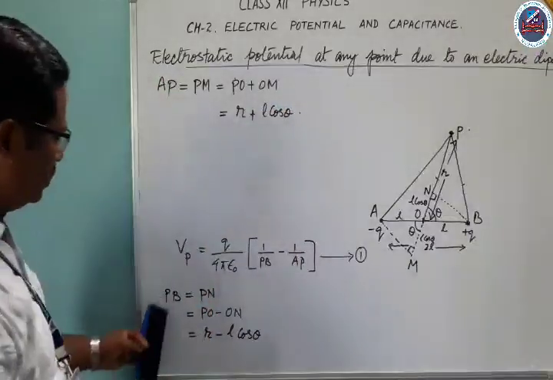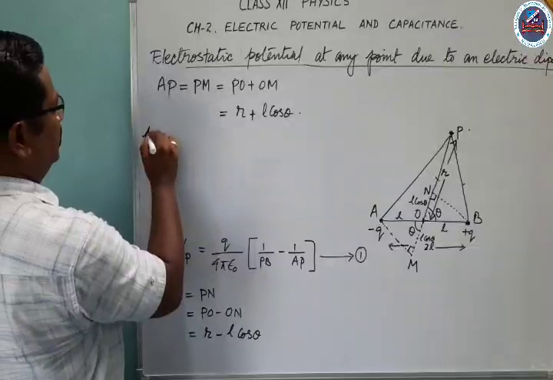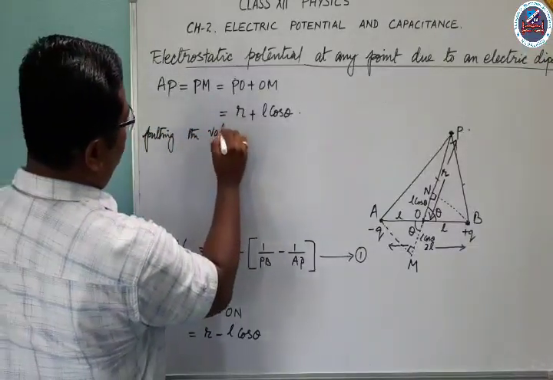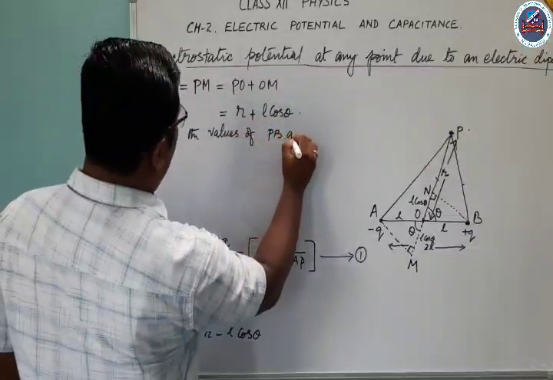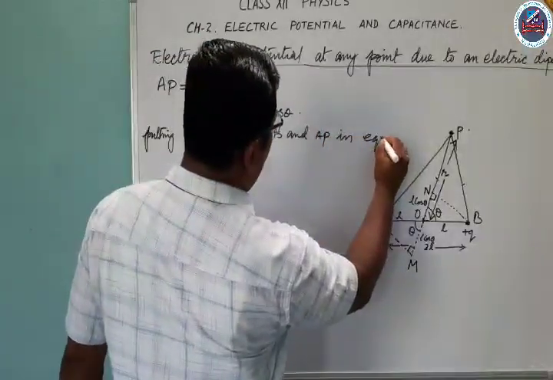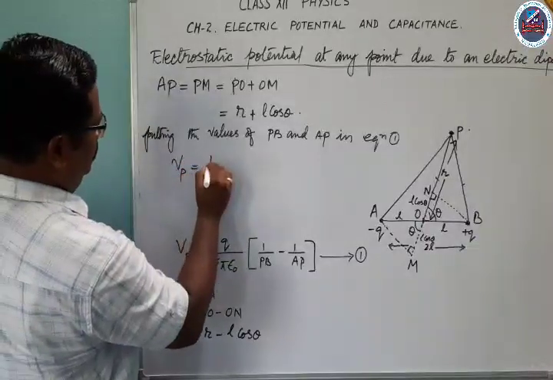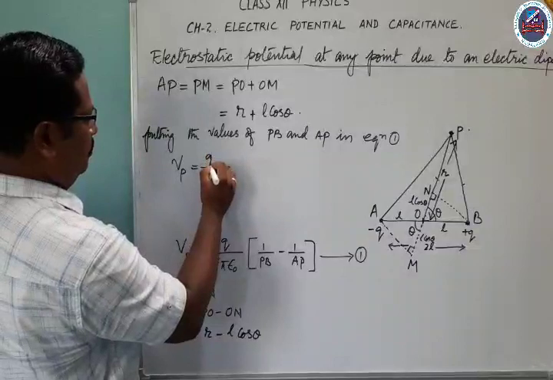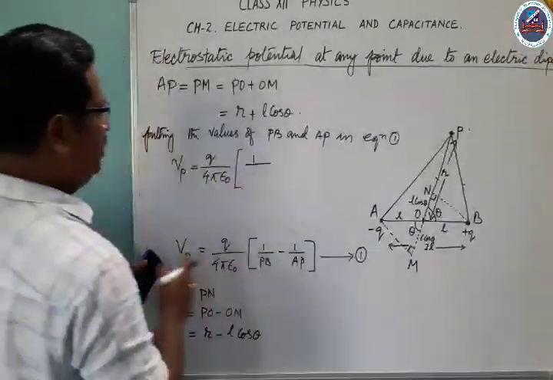Now we put the values of PB and AP in equation number 1. Putting the values of PB and AP in equation 1, we will get VP is equal to 1 by 4 pi epsilon naught, Q by 4 pi epsilon naught, 1 by PB.